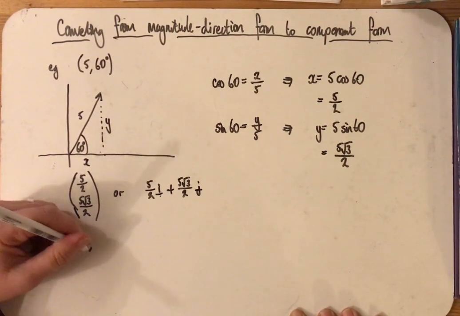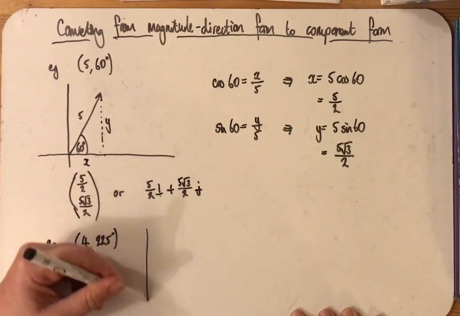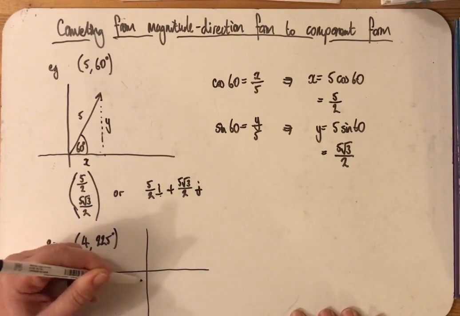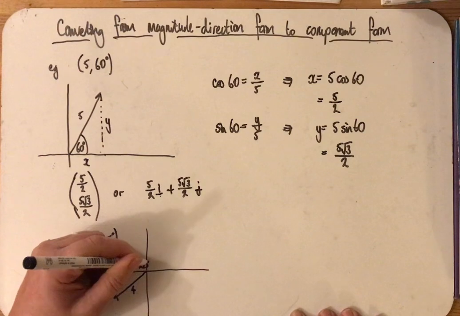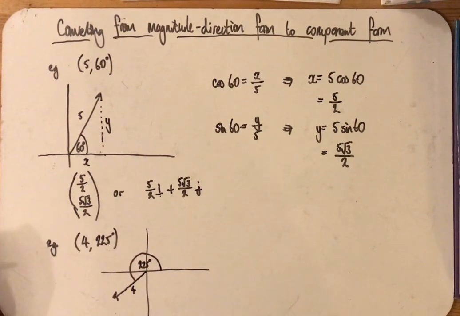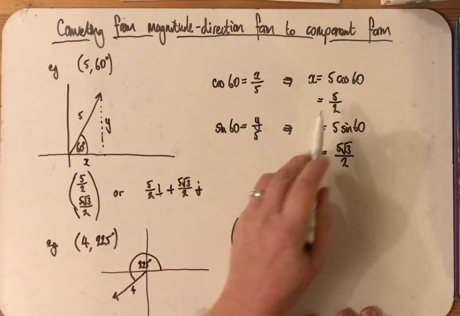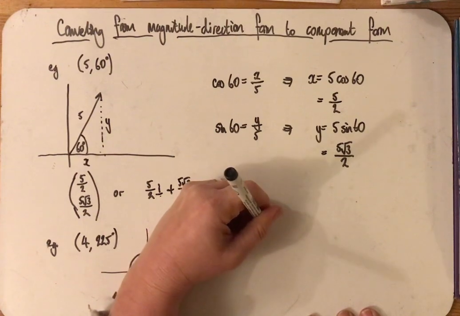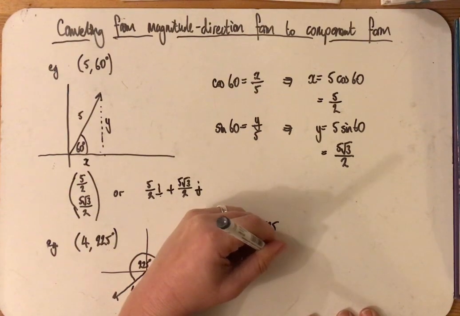This works for any angle, so you don't need to overthink this. If you had a vector 4, 225 degrees, so this is coming all the way around, past 180, 225, length 4, then to convert that to component form, you can literally just do, same as I did here, 4 cos of the angle and 4 sine of the angle.